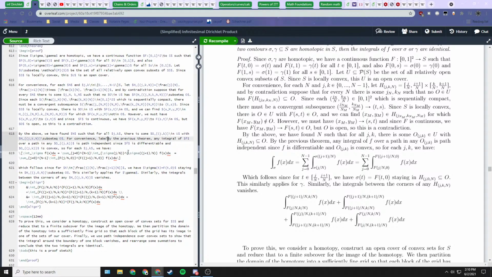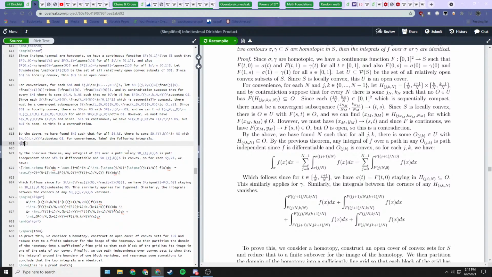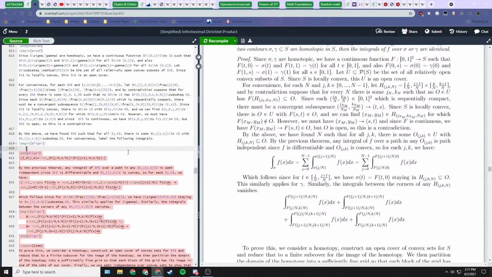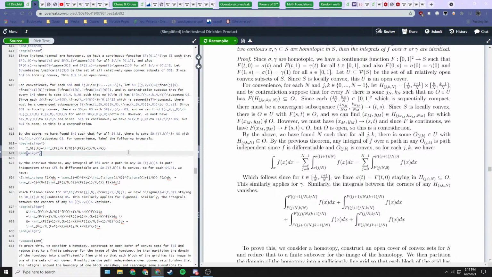So for convenience, we'll do I sub 0 jk will be this integral from f j k to f j plus 1 k, and actually these should be over n: j over n, k over n, and j plus 1 over n, k over n. And we're also going to have I1.